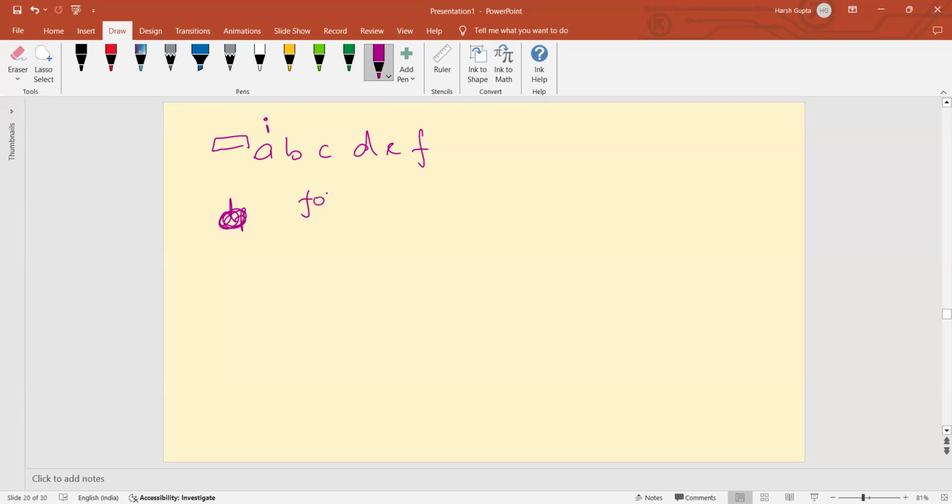I will simply run a for loop from 0 till i less than n. If my i is this, and I am traversing my for loop from this index, this means that I already have constructed the string ABC. I already have this with me.